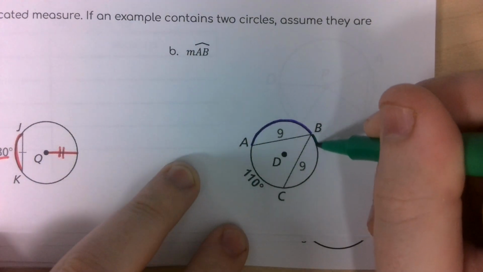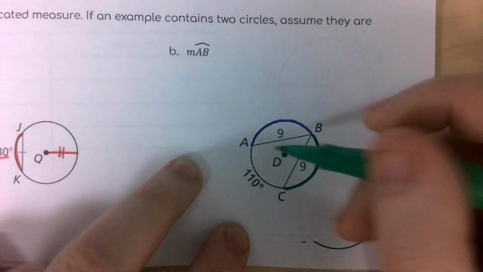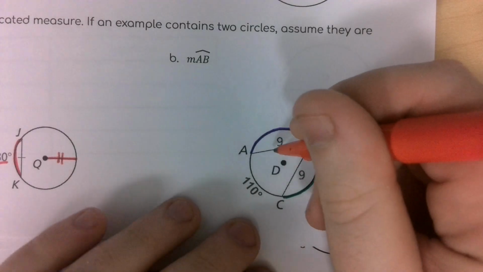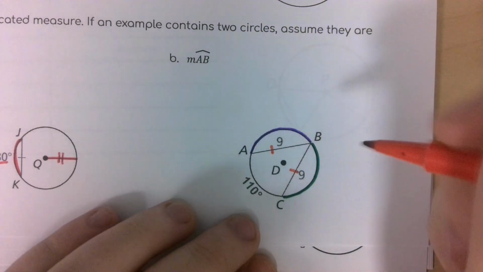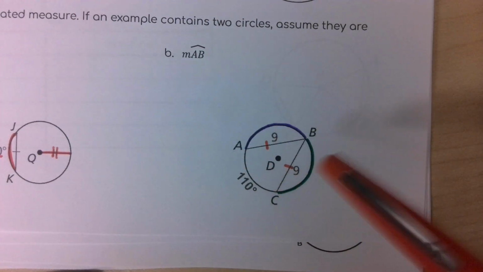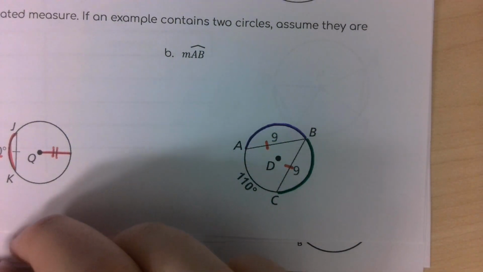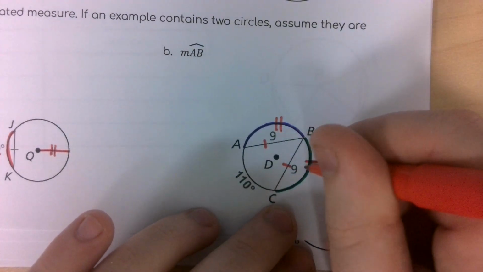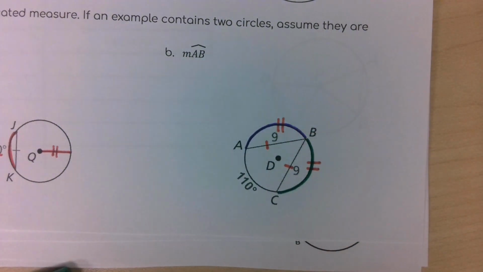We see that these two arcs look the same, but the chords themselves are both the same length. In other words, the chords are congruent. The rule is, if the chords are congruent, then the arcs are congruent. So that means that arc AB is congruent to arc BC.